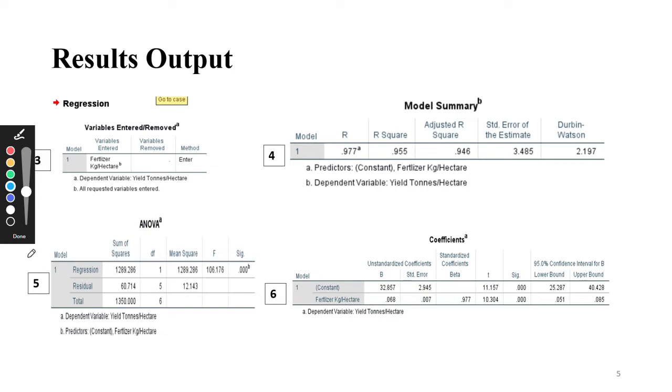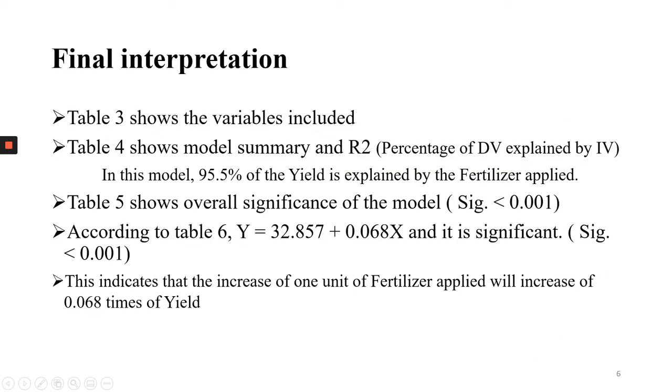Now we will see what the model is. Please remember that the model is built based on these two values. Since the sig values are less than 0.05, now we will see how we build the model. So this is it, very simple, right? This is the y value, your dependent variable.